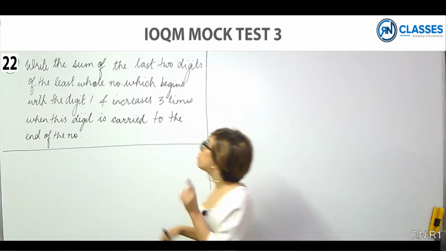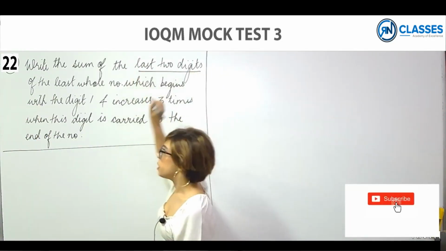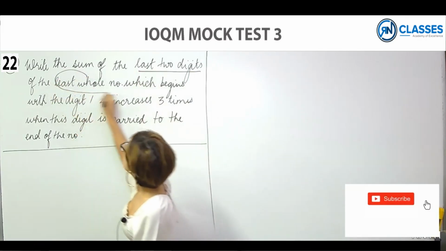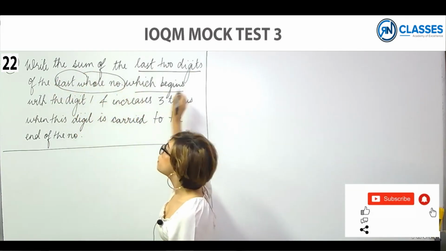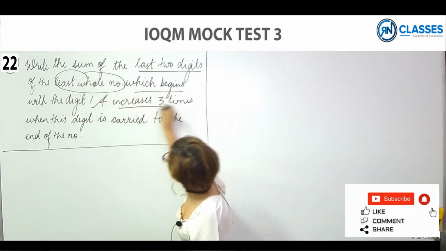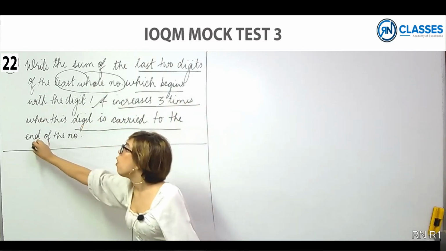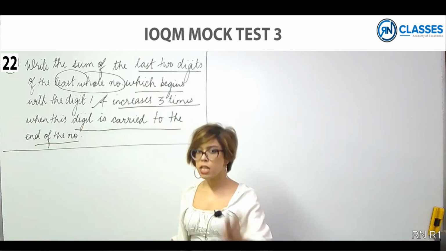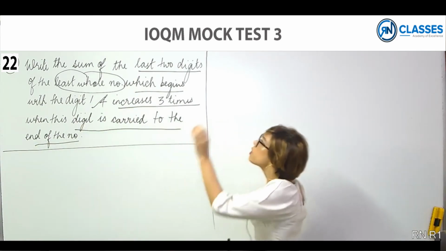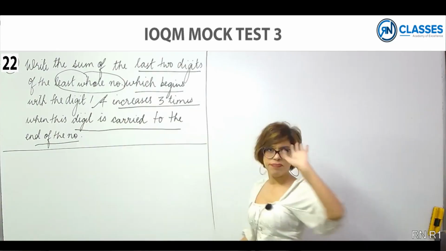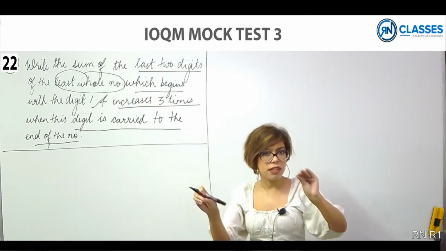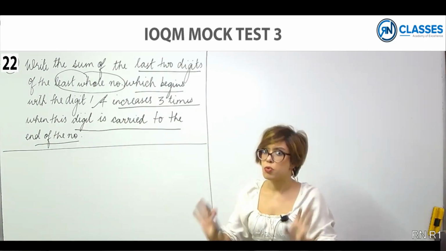Now he says write the sum of the last 2 digits of the least whole number which begins with the digit 1 and increases 3 times when this digit is carried to the end of the number. Right? So I'll break the question. He says write the sum of last 2 digits. Fine. If I can find the number, I can find the sum of last 2 digits.